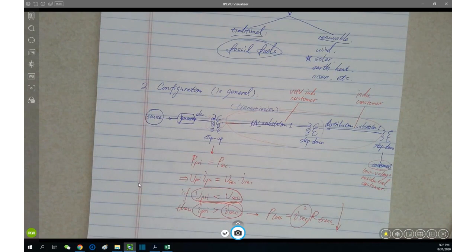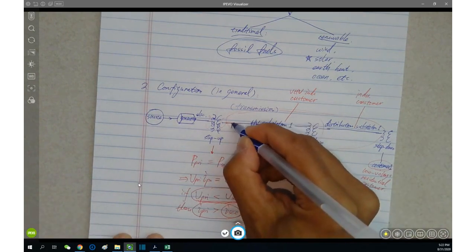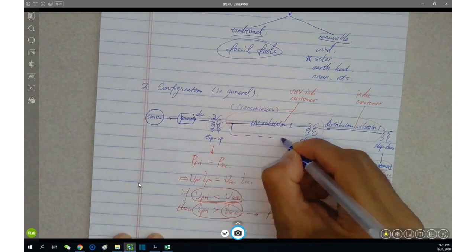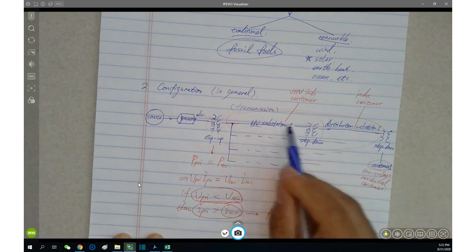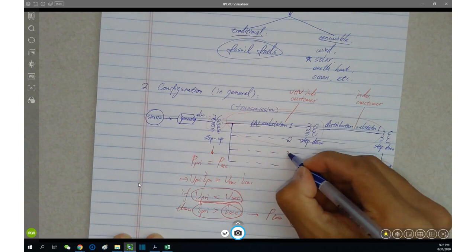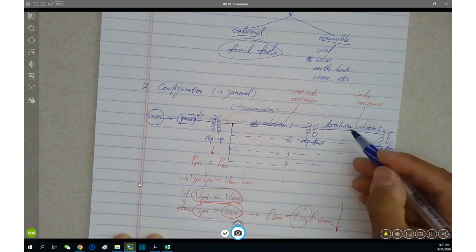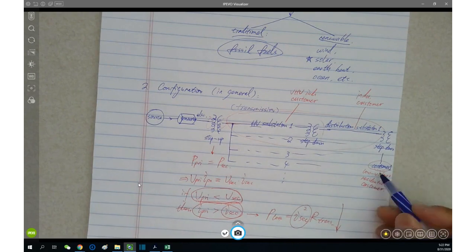And meantime, of course, after this step up, you actually have multiple lines. It's not only one line. That's why you can have high voltage substation 1, 2, 3, 4, and so on, and distribution substations 1, 2, 3, 4, and so on, and customers 1, 2, 3, 4, and so on.